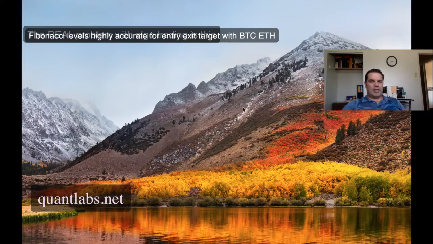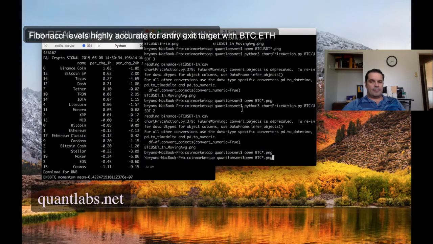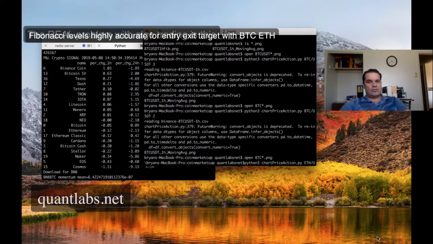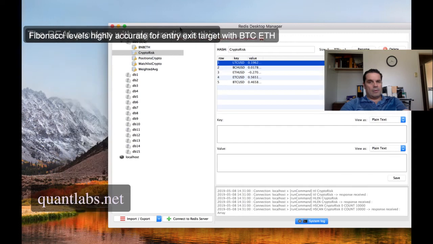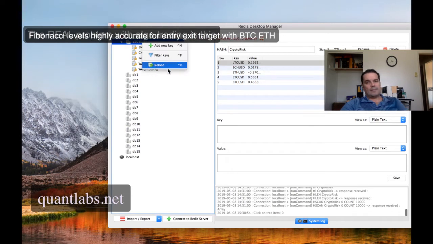So let's start looking at Ethereum against USDT. Ethereum has been somewhat outperforming or can outperform. There's a lot more positive news with Ethereum, and it seems to just do better. This is currently running.